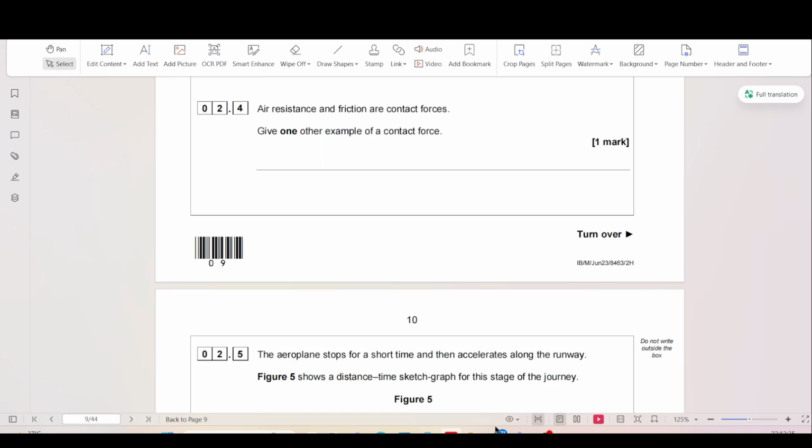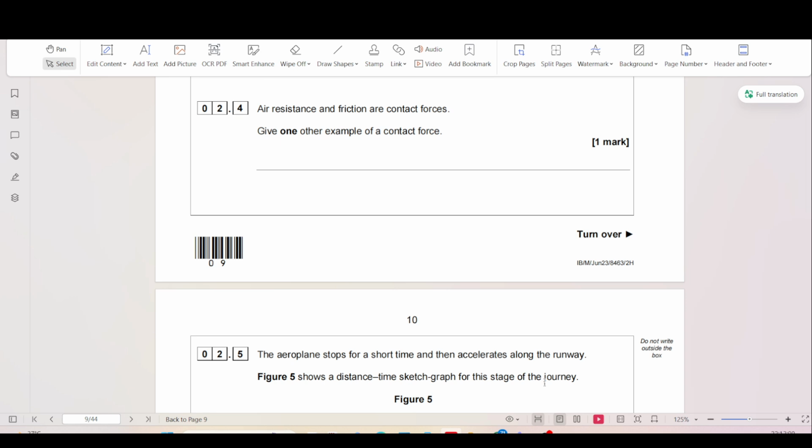Air resistance and friction are contact forces. Give another example of a contact force. Compression, okay, pushing something. You can write compression, extension.